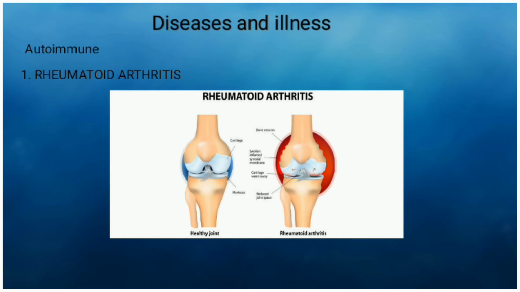Autoimmune disease depends on what tissues or organs they attack. There are many types of autoimmune disease, like rheumatoid arthritis, lupus erythematosus, myasthenia gravis, and many more.